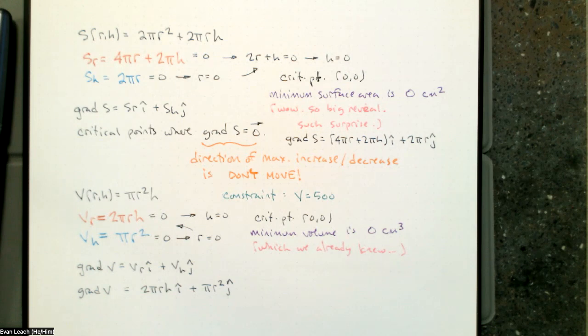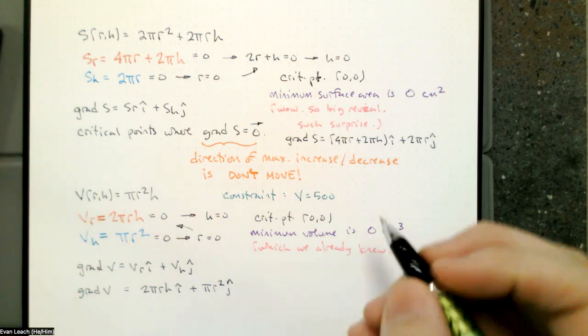If we imagine our S surface and our V surface, the constraint is a level curve of our V surface.